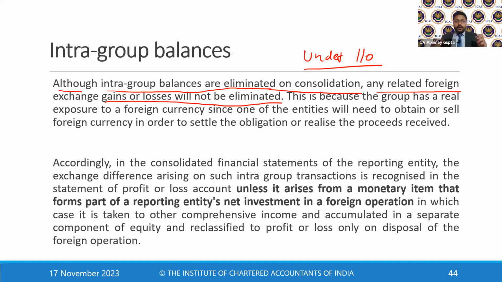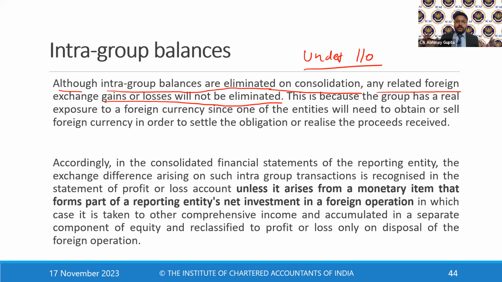Getting my point? But because these transactions have happened in different currencies, there is an official or formal obligation on the part of the payer or settler to purchase the equivalent amount of currency and remit it to the other entity. Because of that obligation, there is a real exposure. Mark my words, real exposure to forex risk, and that risk cannot be eliminated by preparing the consolidated financial statements.